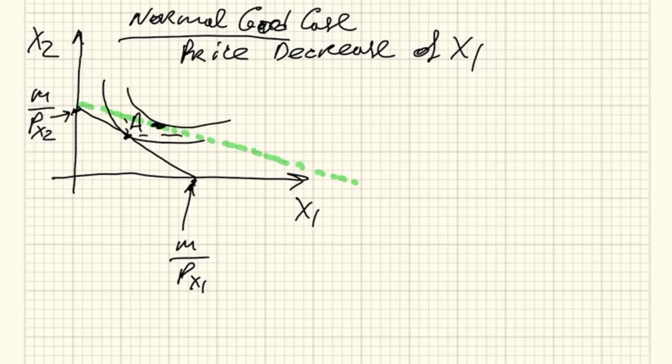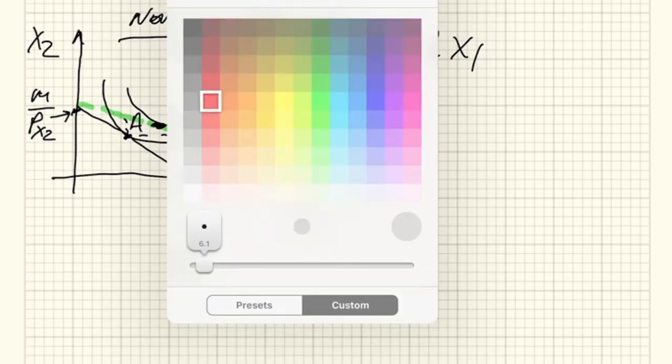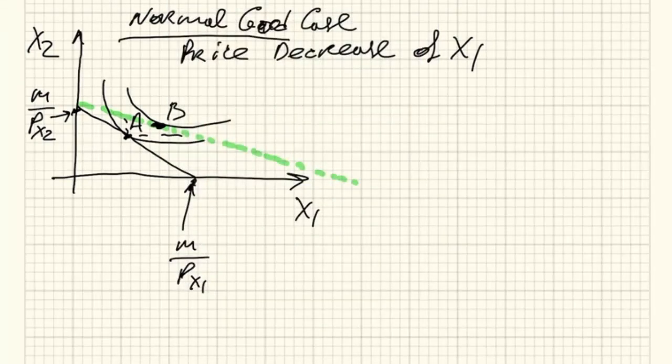This is your point B. Almost done. So the next thing you want to do is take this new budget constraint in the green color and shift it back to the original indifference curve until the point of tangency.